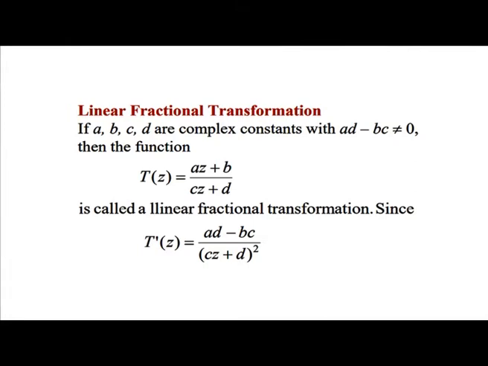Such a function az plus b by cz plus d is called a linear transformation, and since t dash z is equal to ad minus bc by cz plus d the whole square, t is conformal at z provided ad minus bc is not equal to 0.